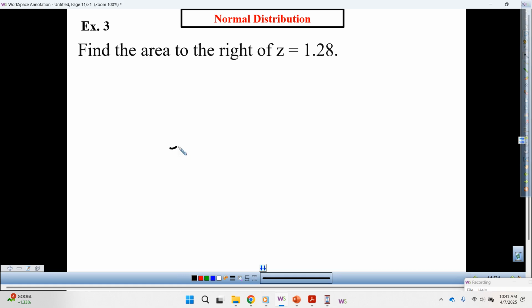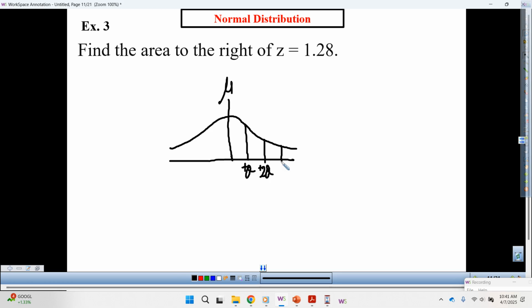All right, first things first, we need our bell curve. All right, let's go with Carter.